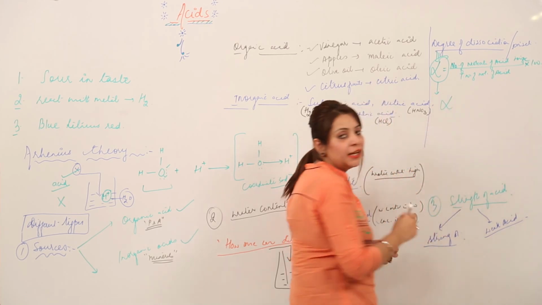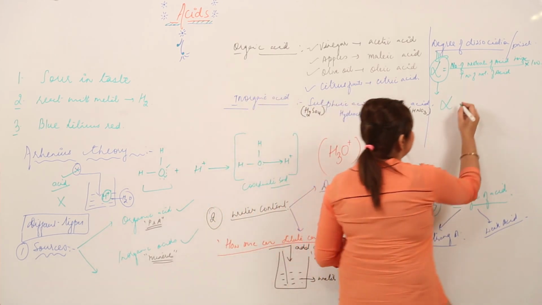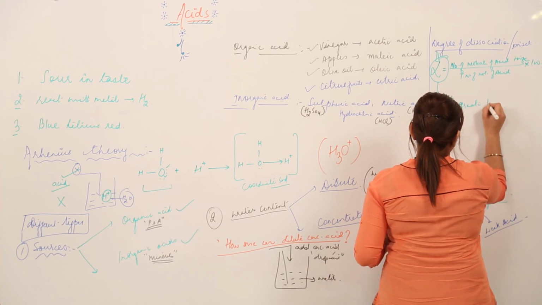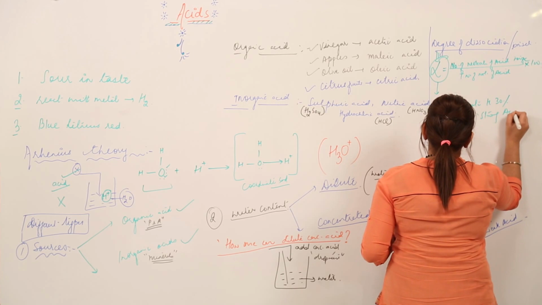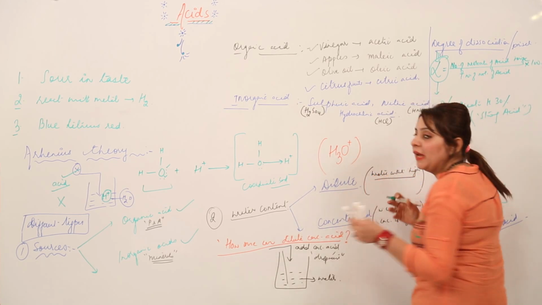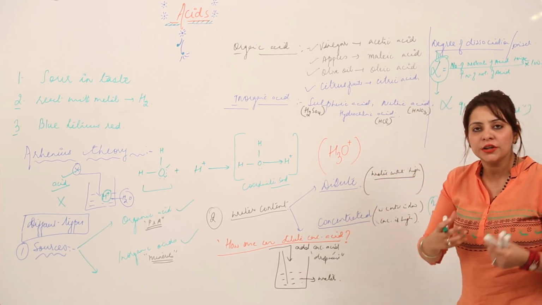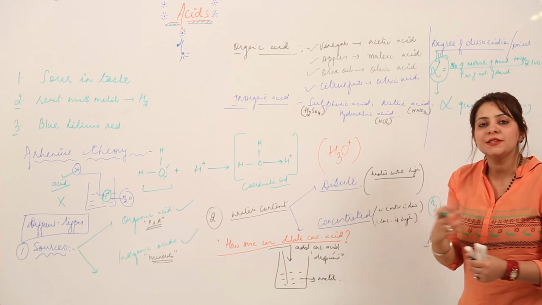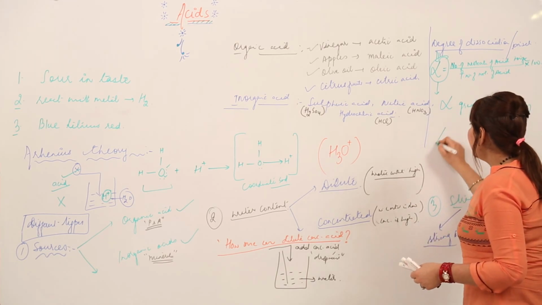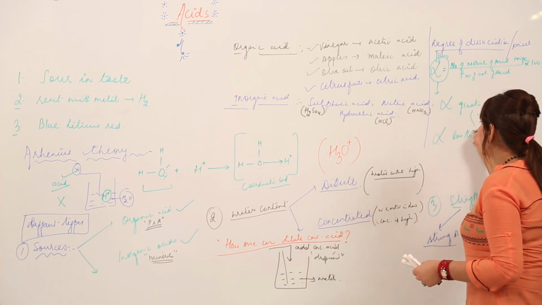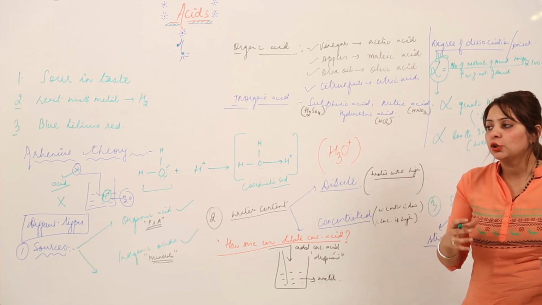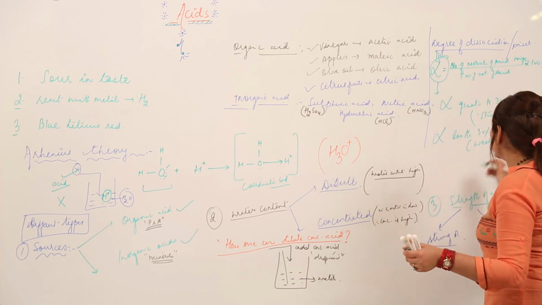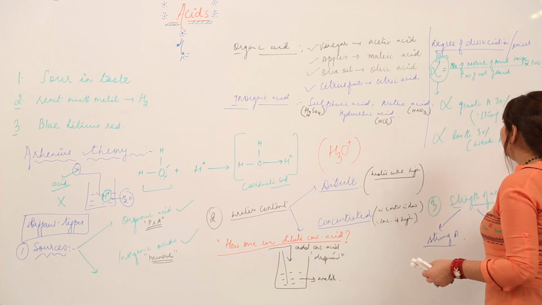If the value of alpha is greater than 30%, then it is a strong acid, which means we get many ions in the water when we add the acid. But if alpha is less than 30%, that means it has not ionized to a greater extent, so we regard that acid as a weak acid.